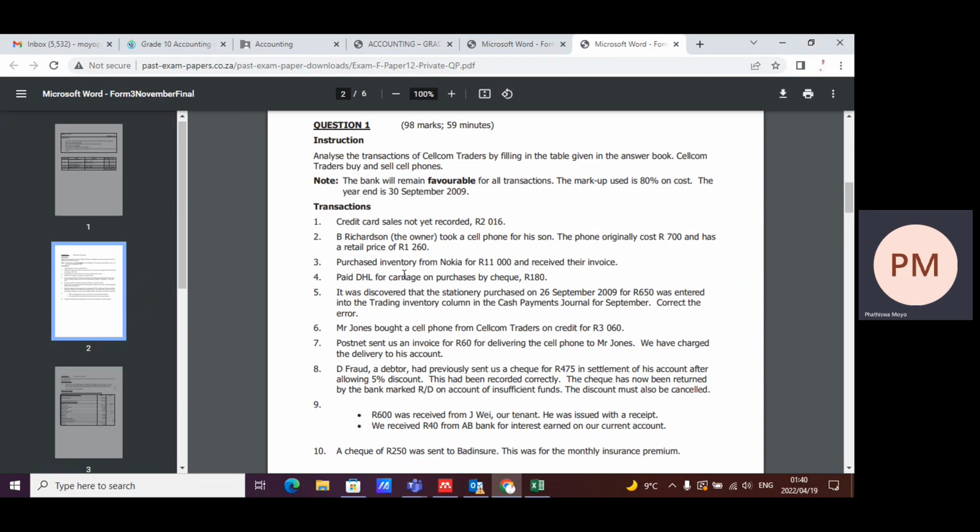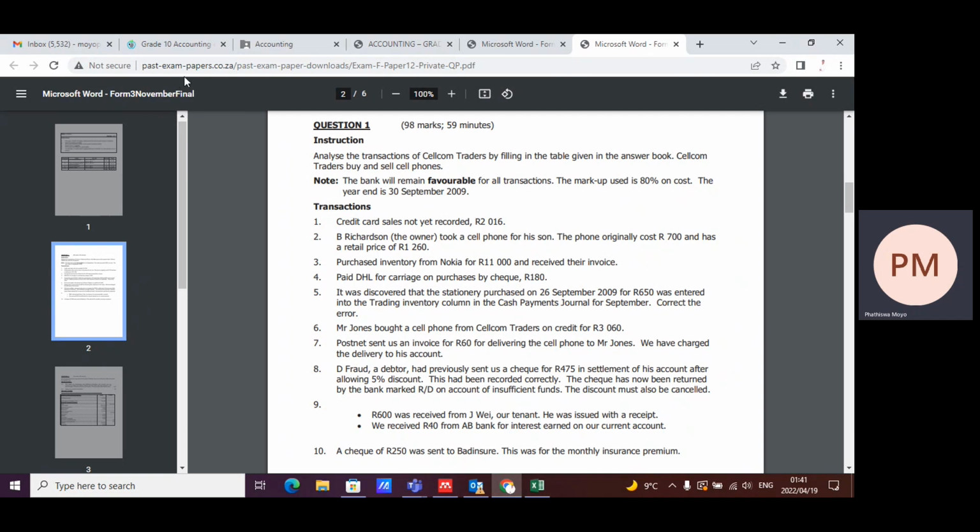Number 3, purchased inventory from Nokia for 11,000 and received their invoice. Once they say invoice, ladies and gentlemen, it means they purchased on credit. They would be very specific if they purchased cash. If they did not specify that they purchased cash, then they purchased on credit.